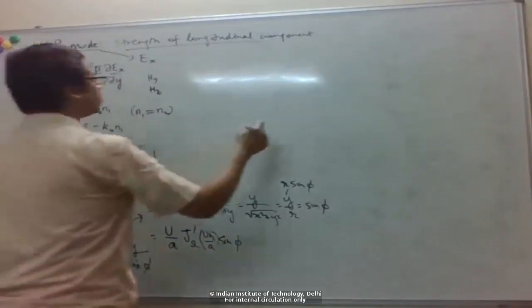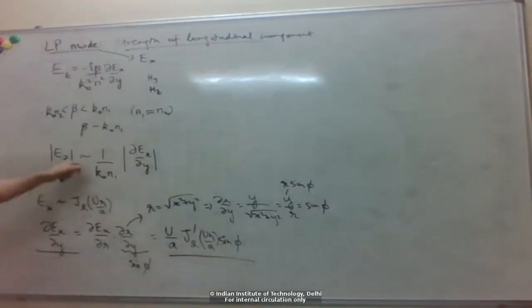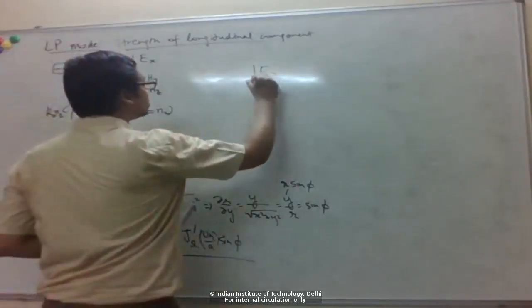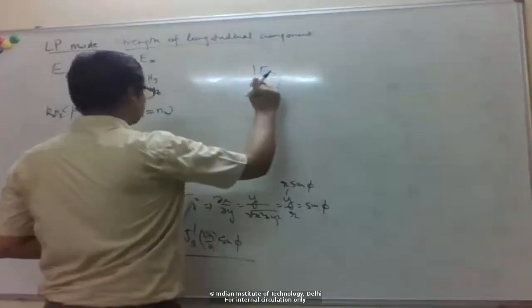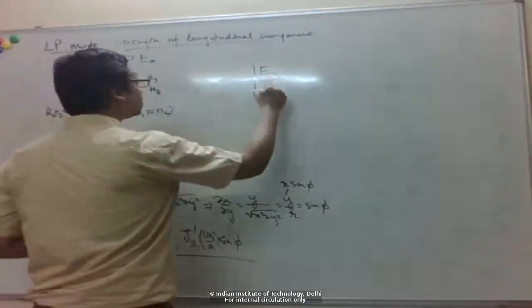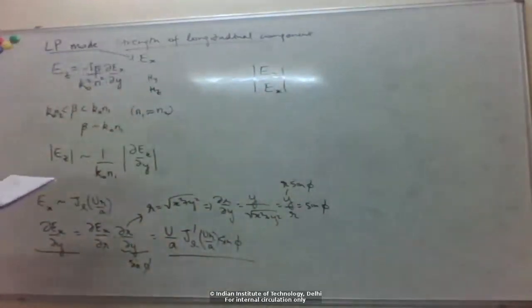So we use this for the derivative here, then take the ratio of the longitudinal to the transverse components.